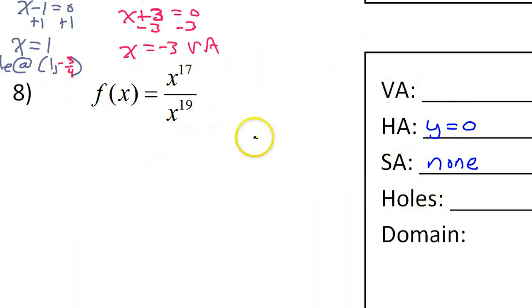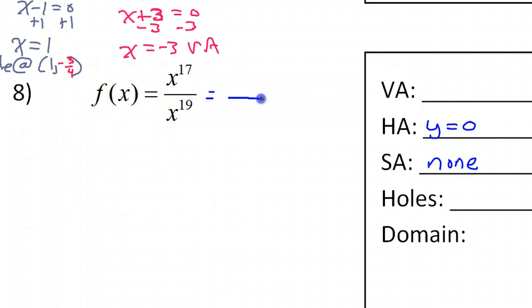Now normally for the vertical asymptote we simply look at the denominator and set it equal to 0, but first you want to cancel out anything that needs to be canceled out. And when you're canceling factors out, you're talking about holes now. So look, we have a lot of stuff to cancel out here.